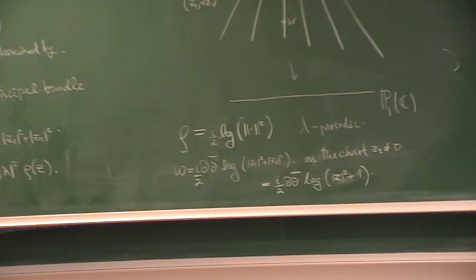You see what I did? Upstairs, we have coordinates z1 and z2. This form doesn't depend on lambda, so it exists downstairs. So I compute it downstairs in the coordinate z, where z is the coordinate z1 divided by z2.